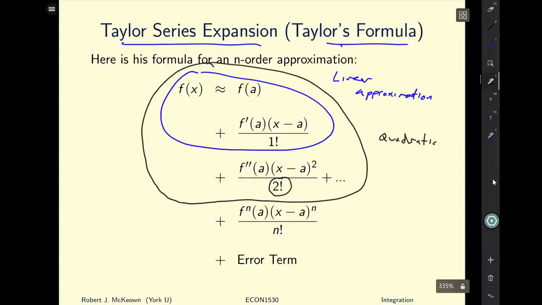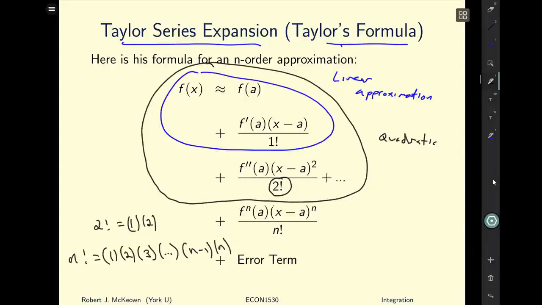We've got 2 factorial. 2 factorial is just equal to 1 times 2. And n factorial would be equal to 1 times 2 times 3 times dot dot dot times n minus 1 times n. So you can get as many orders as you want.